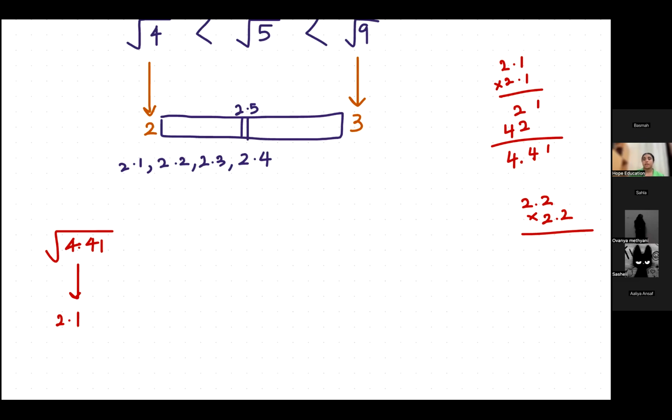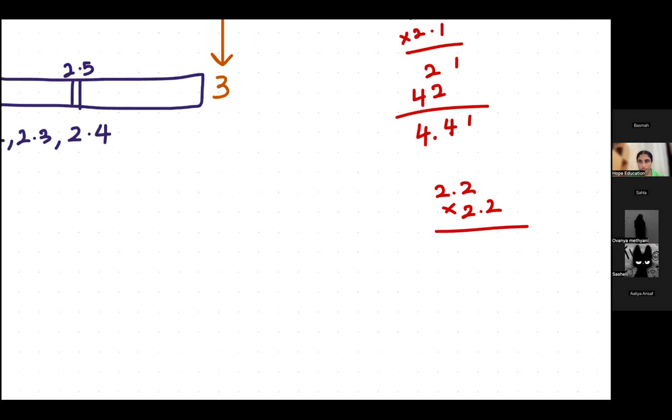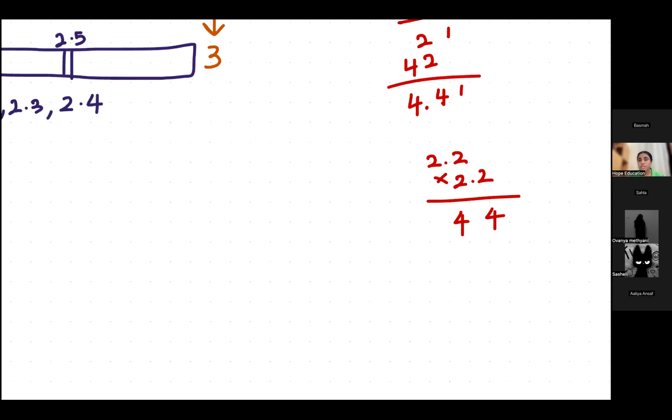All right. Let's then multiply. So 2.2, Sala, any question? No, miss. Okay. 2.2: 2 times 2 is 4. Then 2 times 2 is 4. Then 2 times 2 is 4. 2 times 2 is 4.